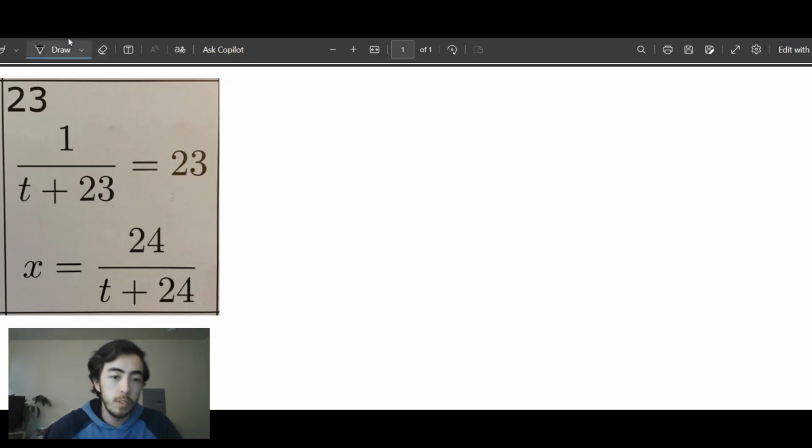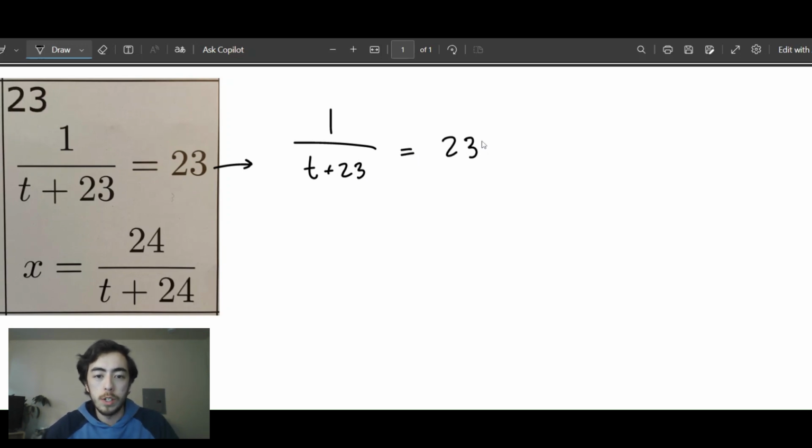and then I want to see if that hunch is actually correct. Starting here, we have 1 divided by t plus 23 is equal to 23. This already shows me that this number right here is going to be some very small number, because I'm doing 1 divided by something and getting a big number.